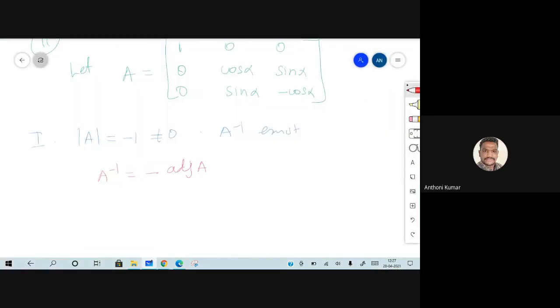Very good, you know the logic. Since determinant of A is minus 1, 1 by determinant of A will be minus 1. Quickly tell me the adjoint of A. If you know the adjoint of A, the negative of the adjoint is the required inverse.